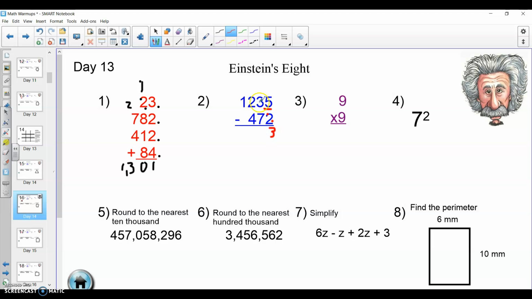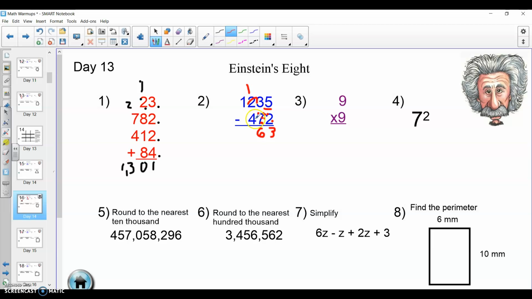Can you do 3 minus 7? So you're going to borrow from the 2, which becomes a 1. And what you borrowed was actually 10. So if you add 10 plus 3, you get 13. So this is going to be 13, counting down, 12, 11, 10, 9, 8, 7, and 6.